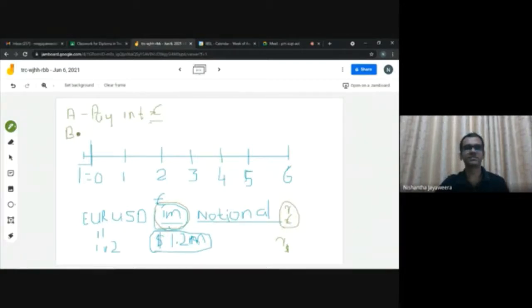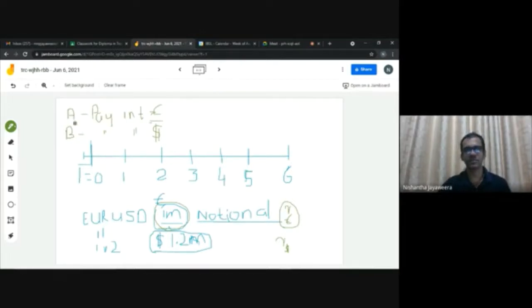Then what does party B do? That party pays interest on dollars. That means effectively party B is borrowing dollars. Is it clear?